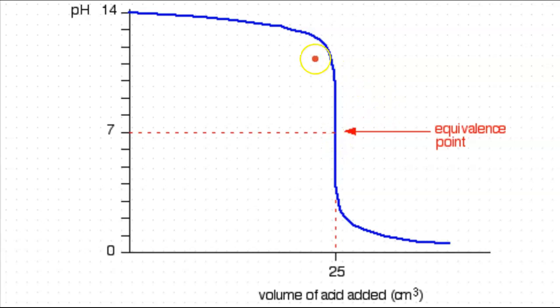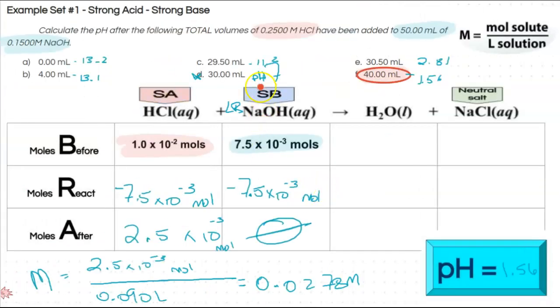It's going to be halfway up this curve, or up and down this vertical line. But I want you to see how quickly that changed pHs. Within truly just a matter of a single milliliter, I went from a relatively high pH with my sodium hydroxide to a relatively low pH with just my hydrochloric acid remaining in solution.